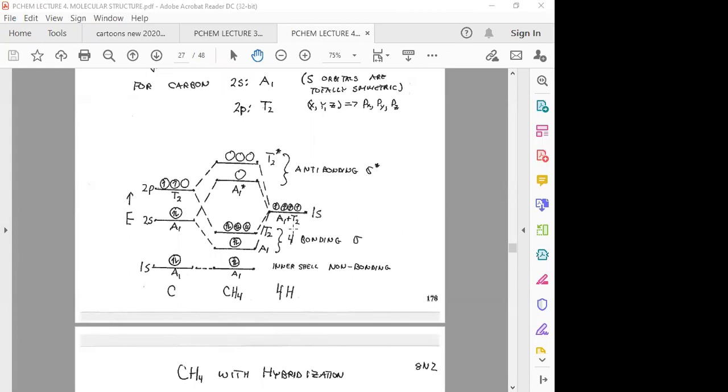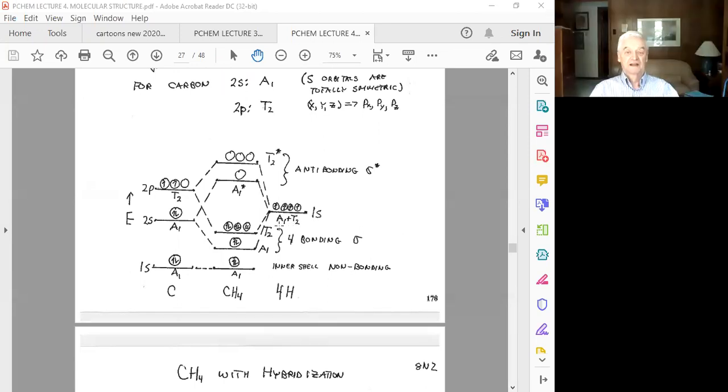If we do the symmetries of the hydrogen orbitals, and I'll show you what they look like, they come out to be with symbols A1 plus T2. So the inner shell carbon 1s orbitals, we say, are non-bonding, so the energy does not change when we go to the methane molecule.